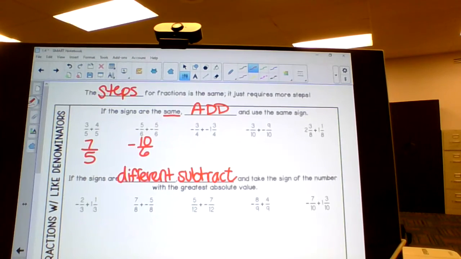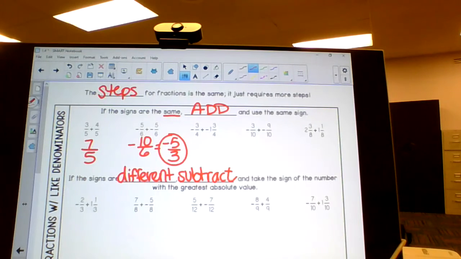What do you notice about 10 and 6? They're both divisible by 2, because they're both even. So I can reduce it by 2, and that will reduce to negative 5 thirds. So sometimes we have to reduce.